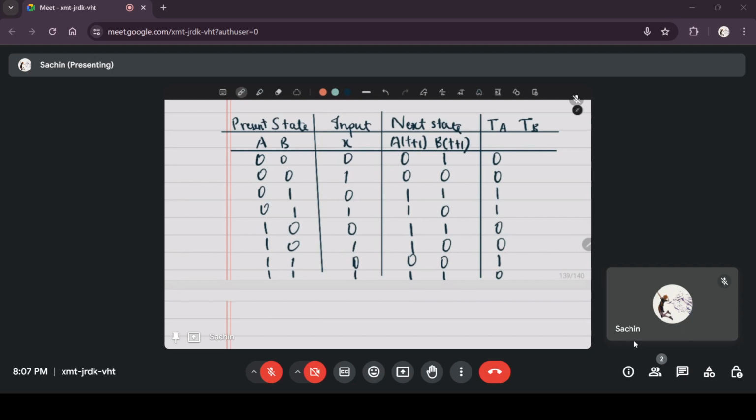For TB, 0 to 0 and 1 to 1. Here you have a 1 to 0, 0 to 1, 1 to 0, and a 0 to 1.